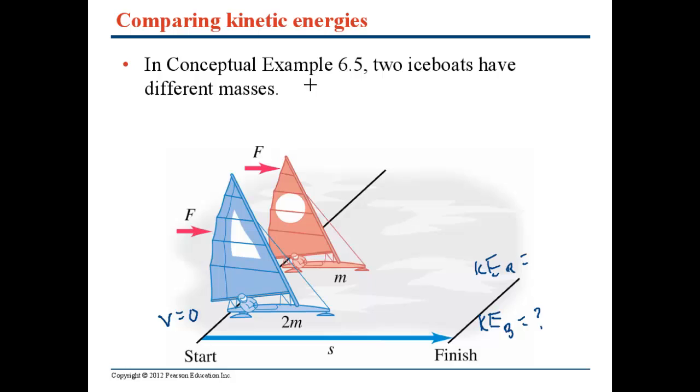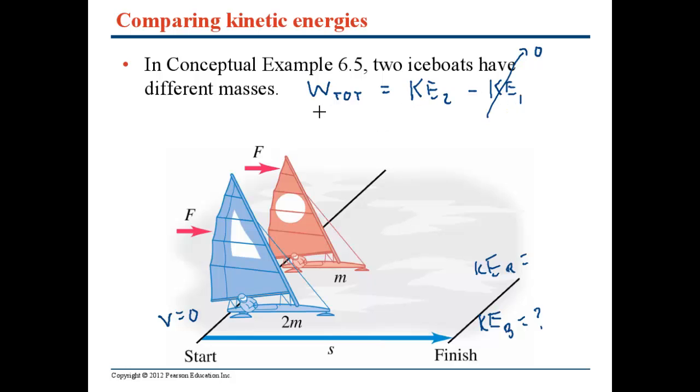And if we go ahead and write the work energy theorem, the total work done to each ice boat is going to be equal to its final kinetic energy minus its initial kinetic energy. We know that the initial kinetic energy is actually going to be equal to 0 because it's starting from rest.